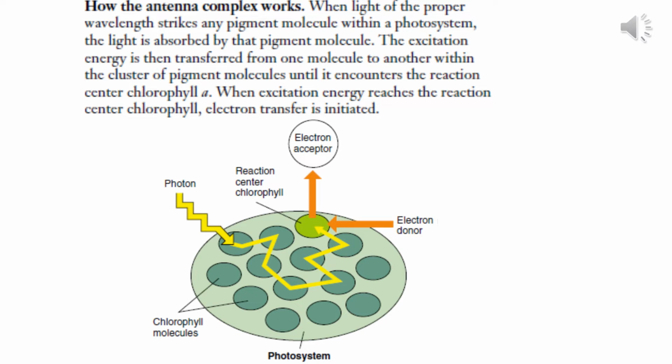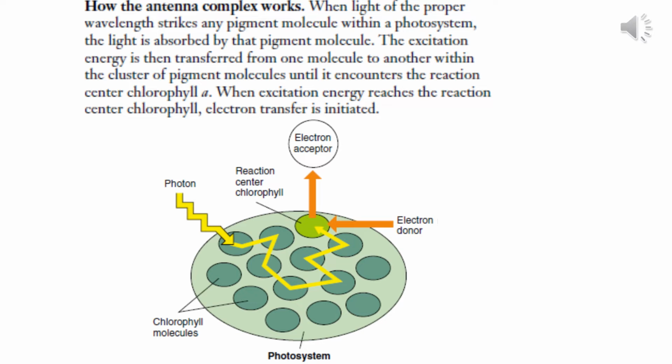If the photons are absorbed by the reaction center, then the reaction center is emitting electrons, because by absorbing energy, electrons are excited and thrown away from that molecule, which is absorbed by a primary acceptor, and the electron flow begins.